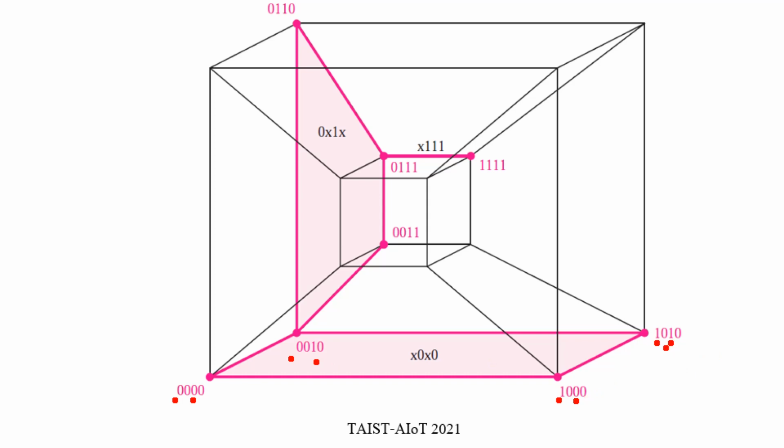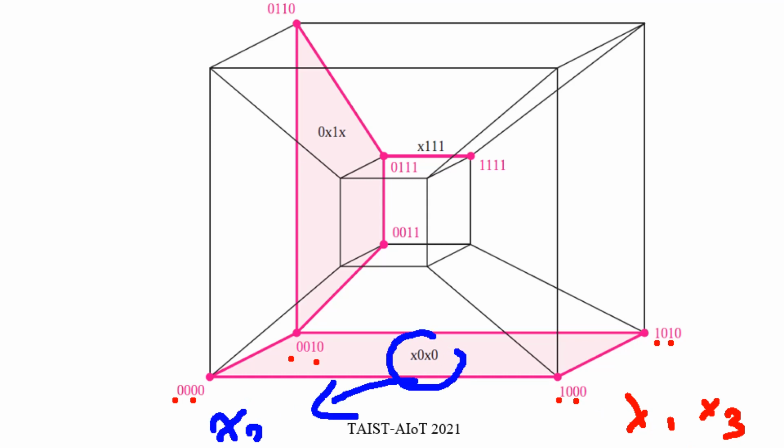That means it does not depend on the values of x1 and x3. So for this one, you can write the term x2 prime and x4 prime.